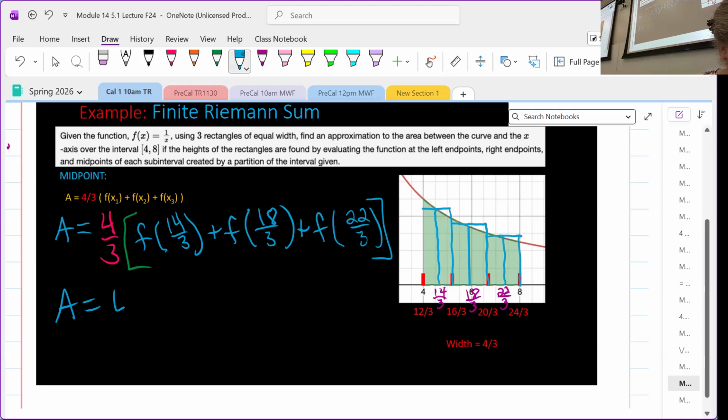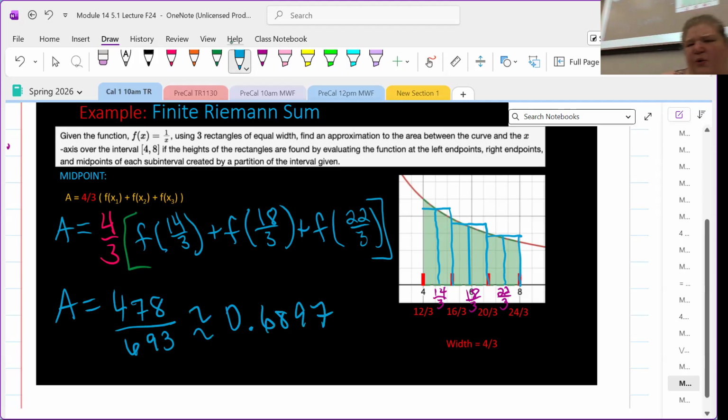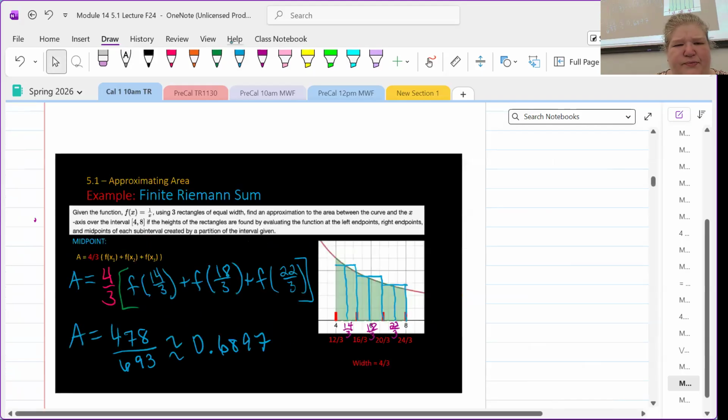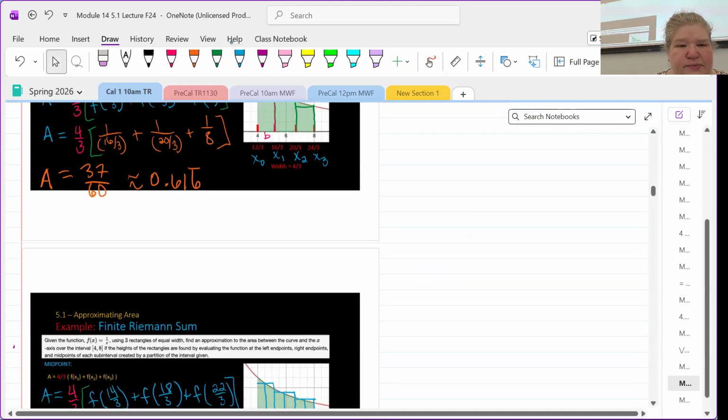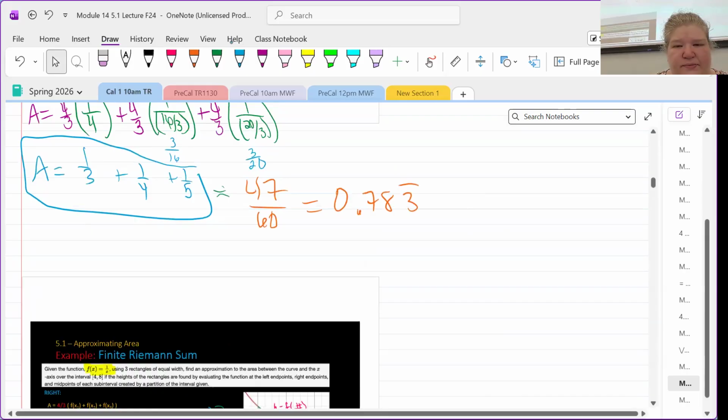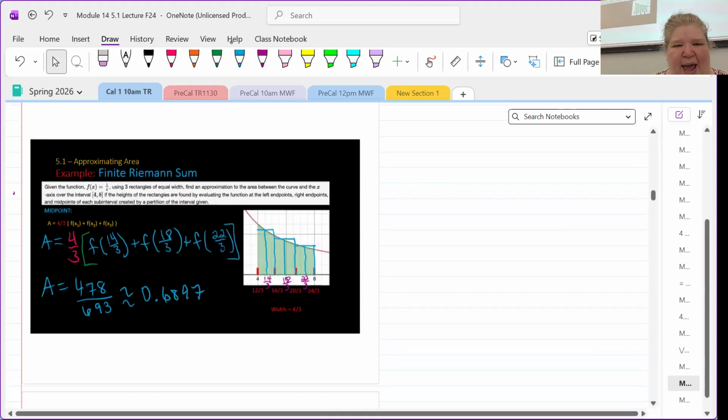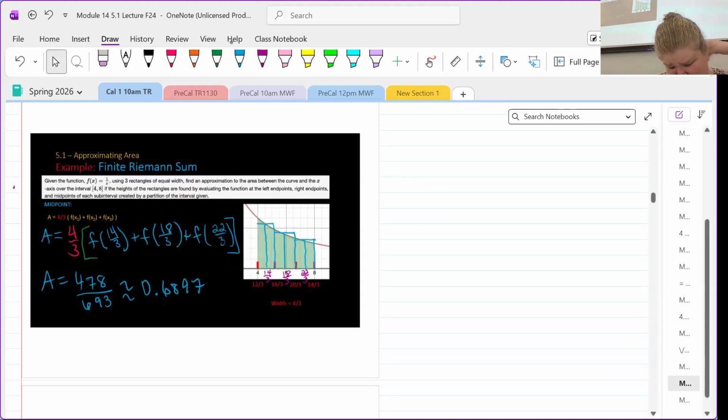Ew, is ugly fraction. 478 over 693, which is approximately 0.6897. So pretty close to 0.69. It's not quite halfway in between the numbers, but pretty close.